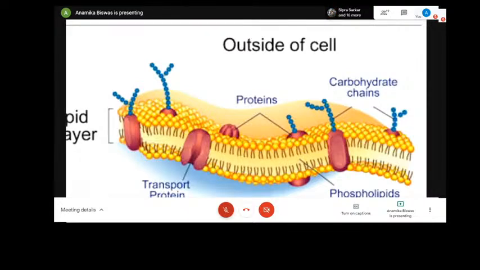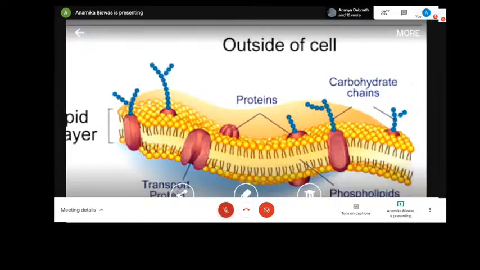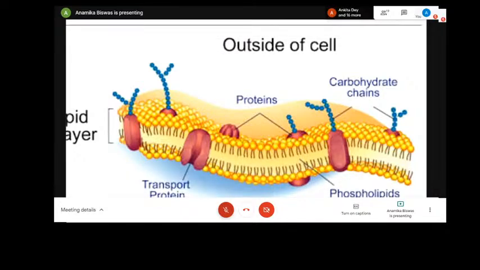Here two types of lipid molecules are present in the cell membrane. First is polar hydrophilic end. This polar end, that means this region, is in the form of a head which faces towards the outer side of the cell membrane to interact with the aqueous environments on both sides.